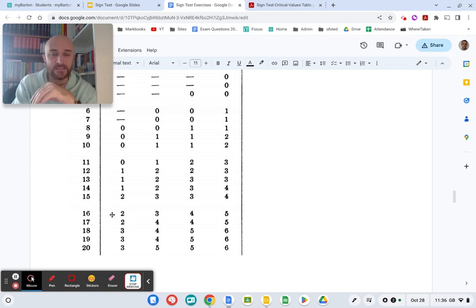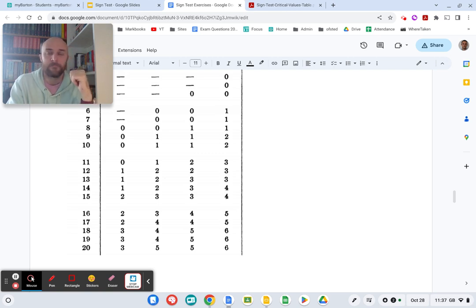So in this case, we can say we are 95% confident that meditation does improve student performance. We're 95% confident, but we cannot say with statistical confidence that we are 99%. So we are somewhere between 95 and 99% confident, maybe 97, maybe 98, maybe 96, but we cannot say we are 99% confident. That is how you do a sign test.